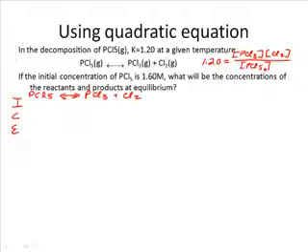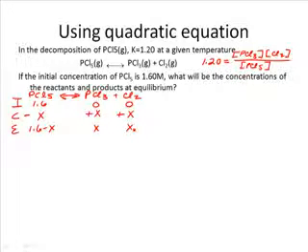It says the initial concentration is 1.6, 0, and 0, so we know it's going to shift right. So we have a minus, plus, and a plus, and they all have the same coefficients. So 1.6 minus x, x, and x.